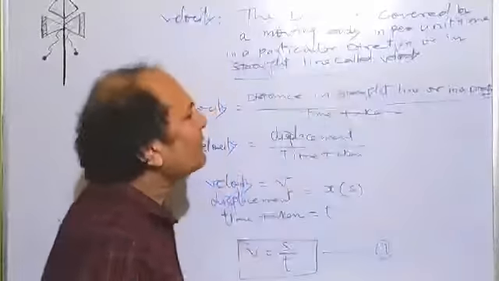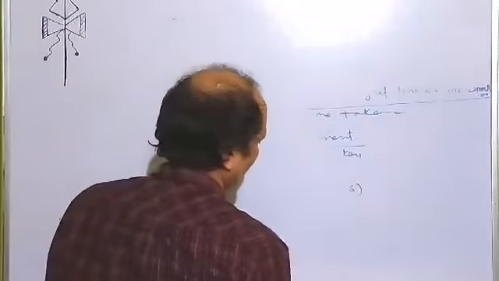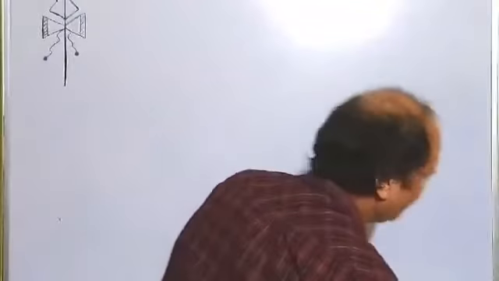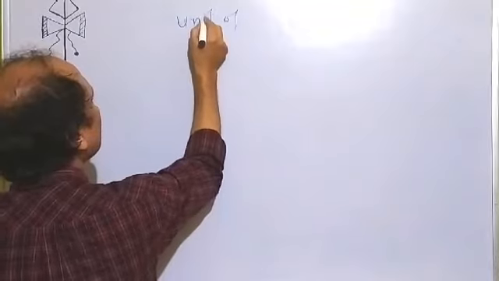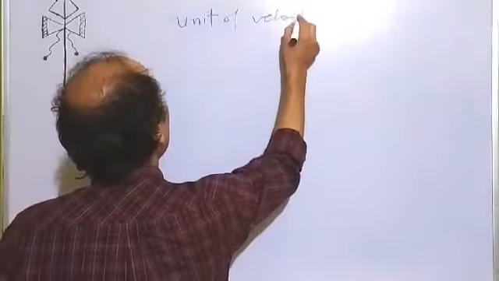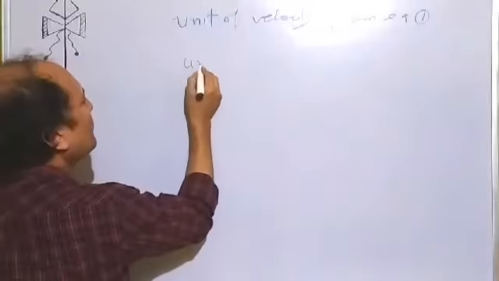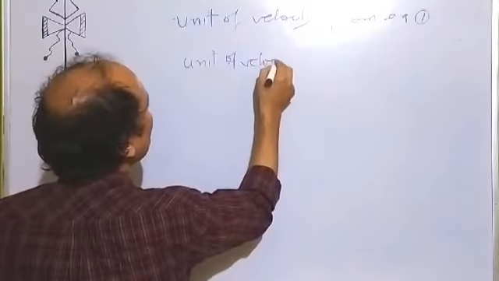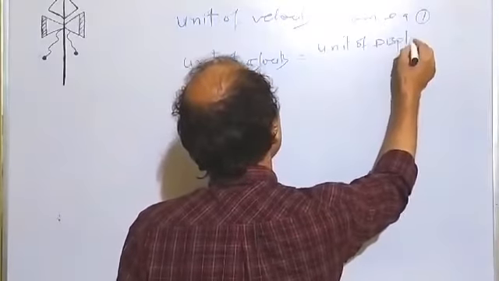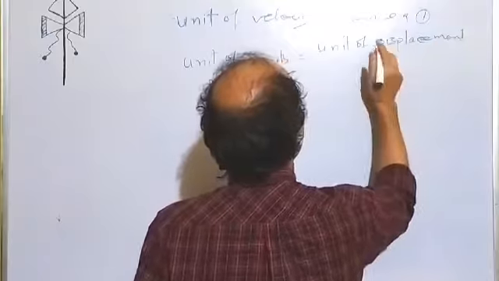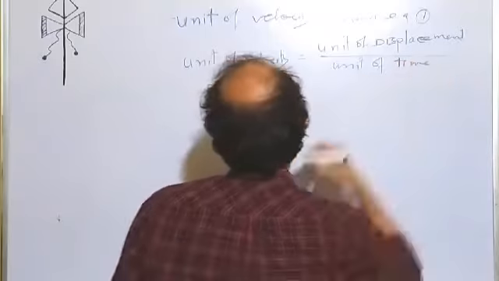After that, unit of velocity. From equation 1, unit of velocity is equal to unit of displacement upon unit of time.